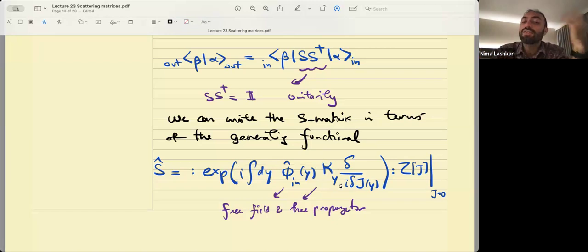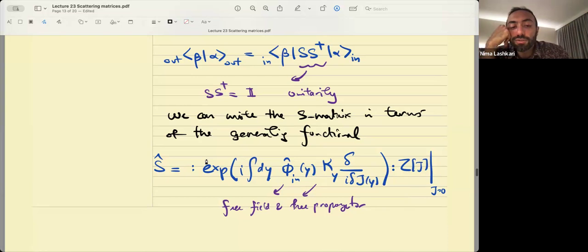So this is the Klein-Gordon operator, and then this is δ/δJ, the derivatives with respect to J. When you take these derivatives, you bring down fields inside the path integral in the expression for Z of J, with the Klein-Gordon operators acting on them. This is very high level. Given the generating functional, you know how to calculate the correlators, and this is the expression for the S matrix.